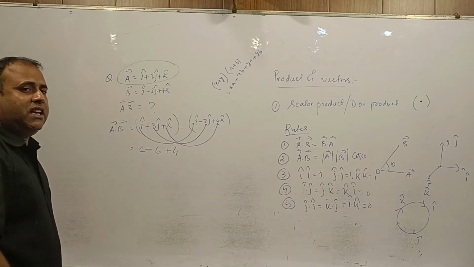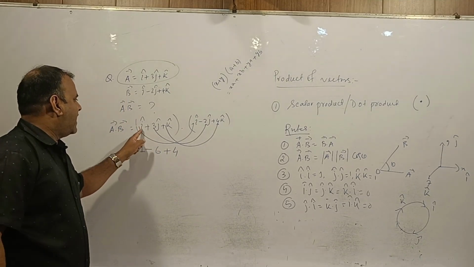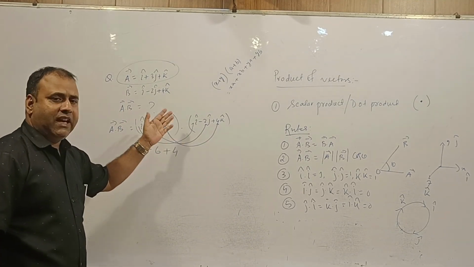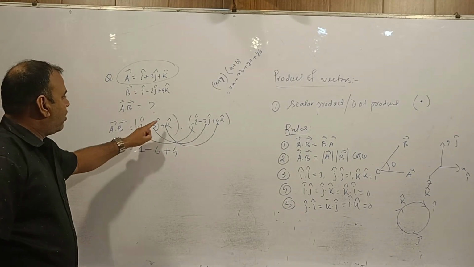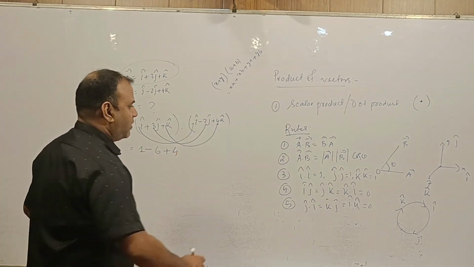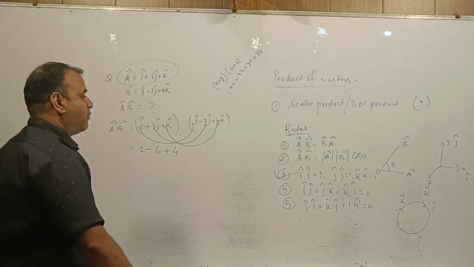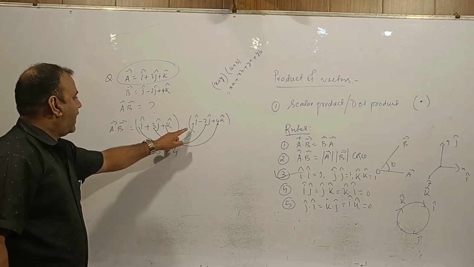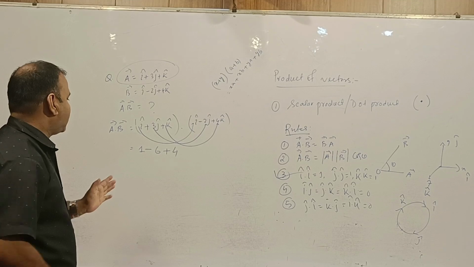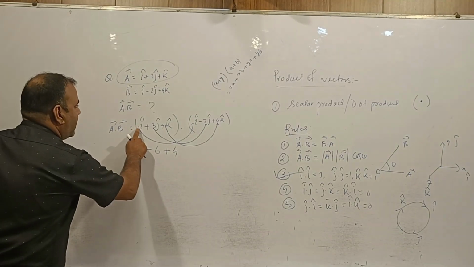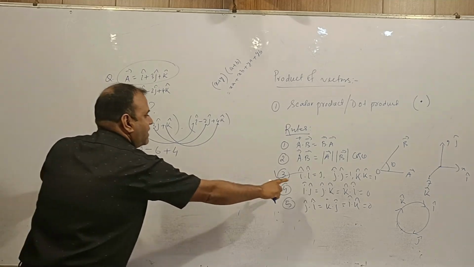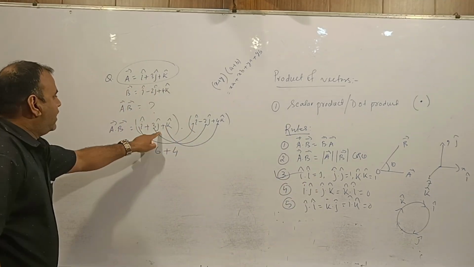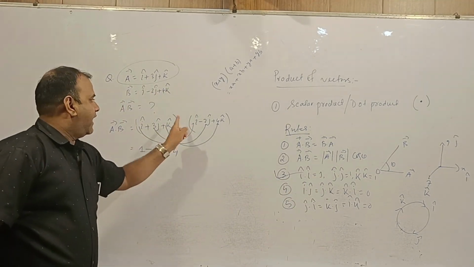Now I have considered here i cap, j cap, k cap. But here you can see i dot i means 1. This is the third formula. i dot i means 1, that is why when 1 into 1, I have written 1. j dot j means 1, k dot k means 1.